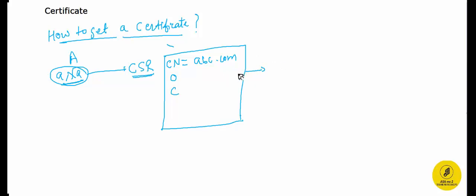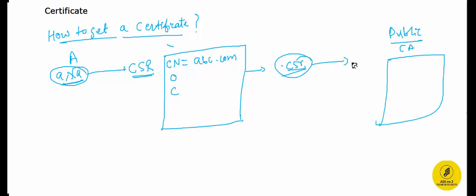When you export this certificate signing request, it generates a .csr file. Looking at this format, you will know that it's a certificate signing request and it needs to be sent to a third-party CA or a public CA. The public CA will then sign the certificate signing request. So when you send the CSR to the public CA, they will verify the details given by you and then sign it and give it back to you.